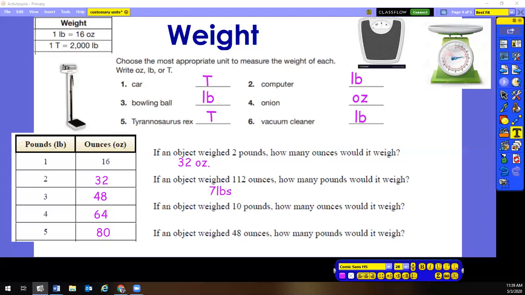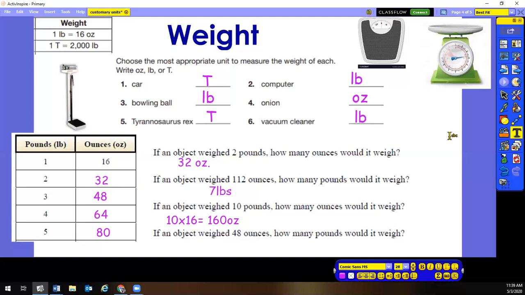So let's multiply 10, and what are we multiplying it by? Well, let's go and look. For every 1 pound, there's 16 ounces. That means we have to multiply 10 times 16. Well, I know about multiplication. 10 times 16, when you multiply by 10, it's just getting 10 times greater. So you're putting that 0 at the end, it's 10 times greater. So 10 pounds is 160 ounces.